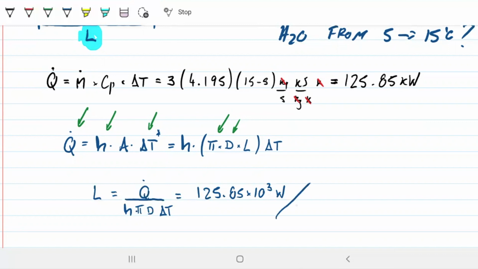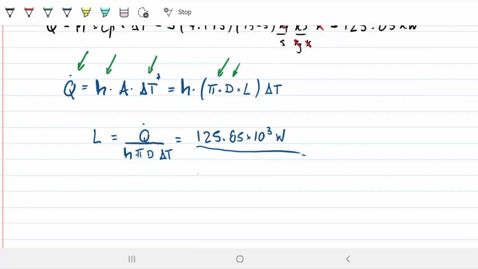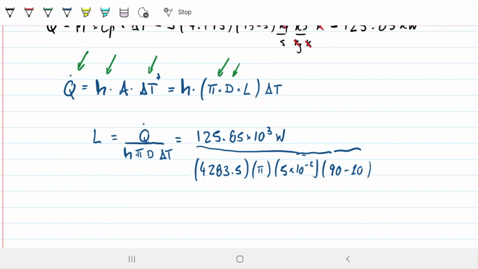Divided by H, which we found to be 4,283.5. Pi is pi. My diameter is 5 centimeters, so 10 to the minus 2 meters, times 5. And my delta T is 90 minus 10.